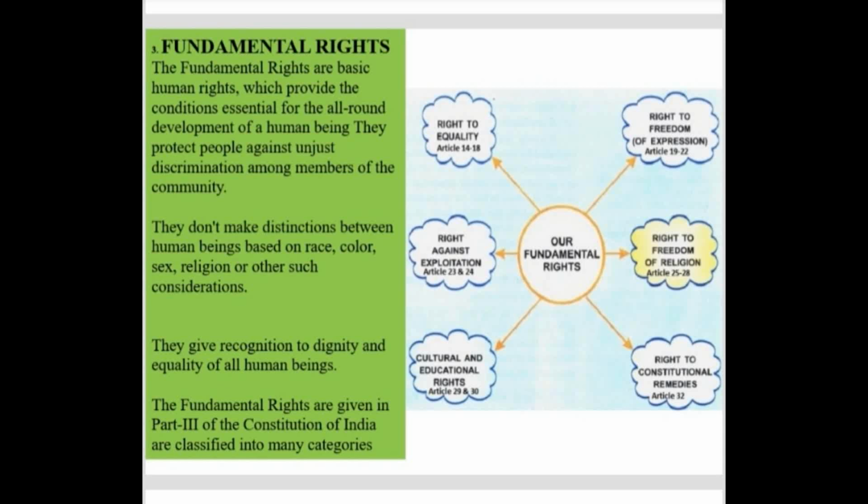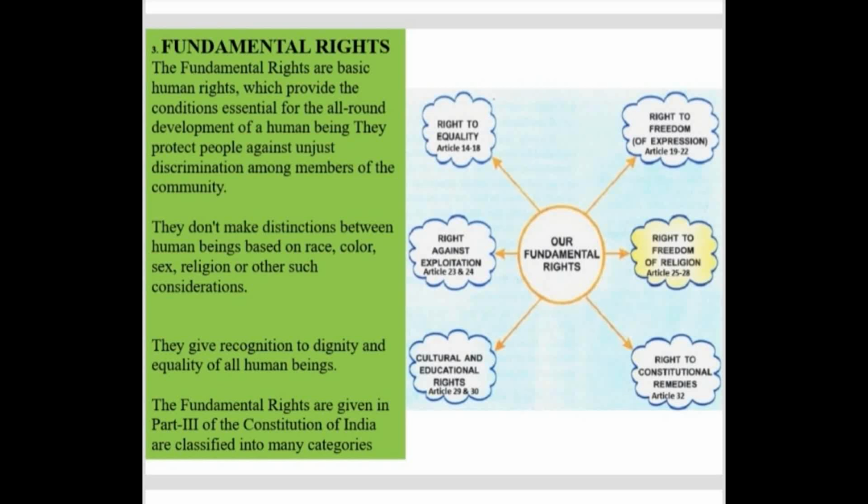These rights are given to everybody without any distinction of sex, religion, or color. A person may belong to any religion, any caste, any race, any color, and he is not subject to any distinction with these fundamental rights. All these fundamental rights are equal for everyone without any difference of color, race, religion, sex, or anything.